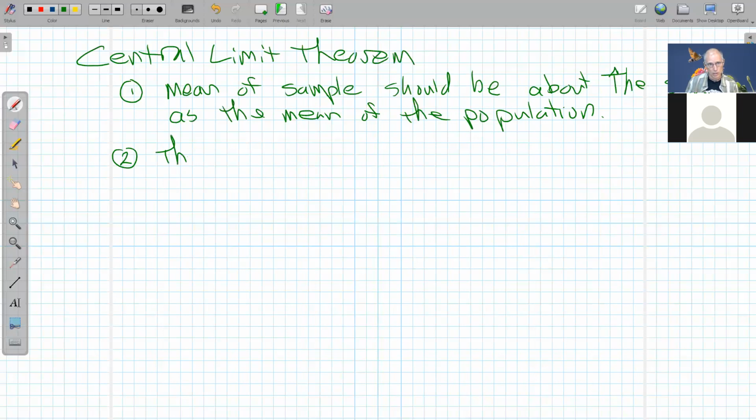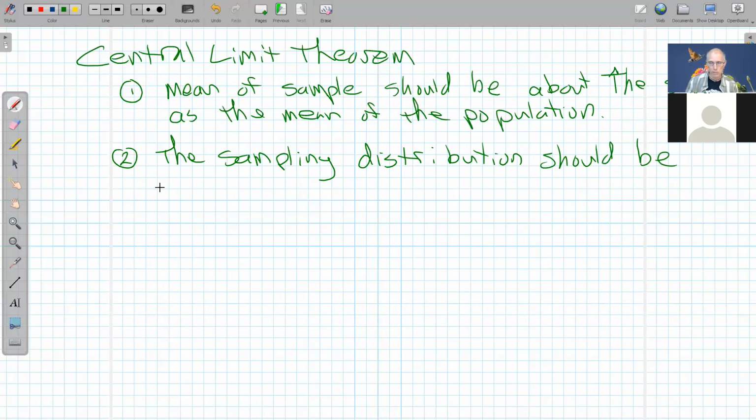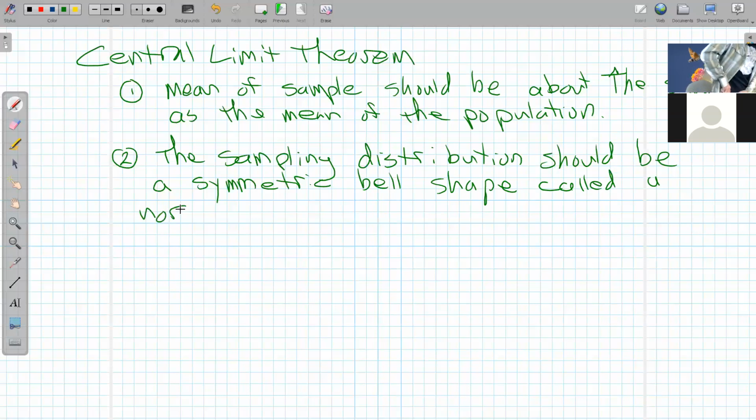The sampling distribution should be a symmetric bell shape, more specific than that, called a normal distribution. So that shape we kept coming up with is a normal distribution.